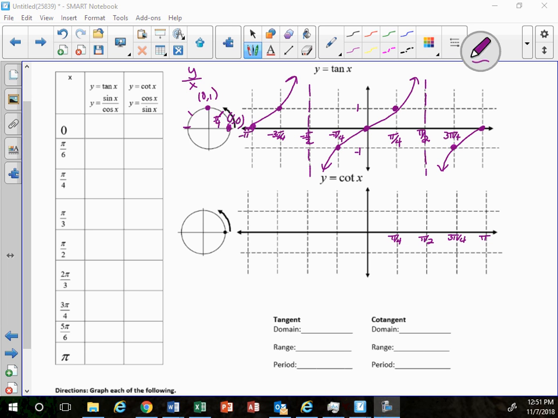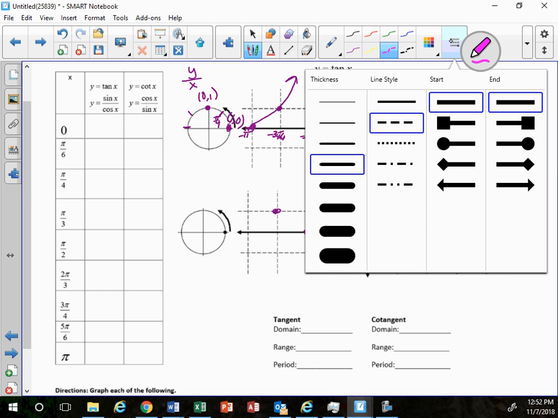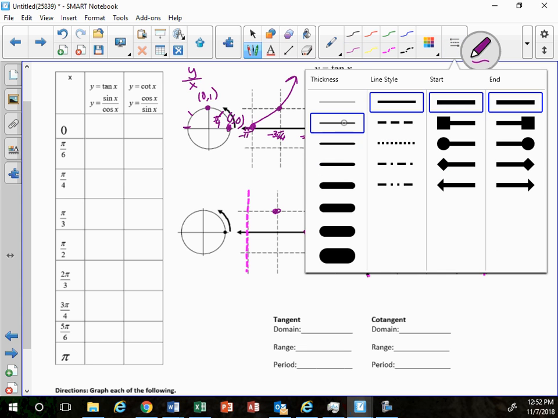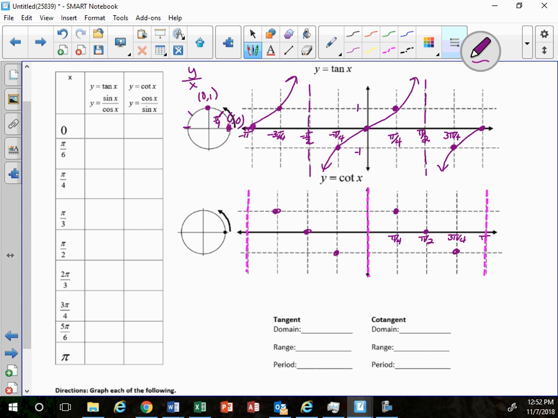All right, guys, let's look at cotangent. Okay, guys, let's figure out how to do it.